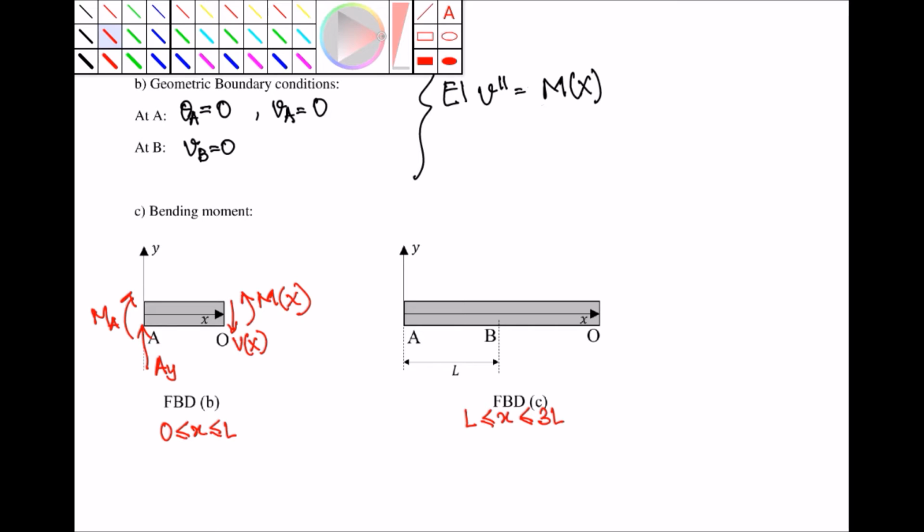Similarly, for free body diagram C, we have a force Ay, the roller reaction By, the moment Ma, the internal shear force V of x, and also the internal bending moment M of x.